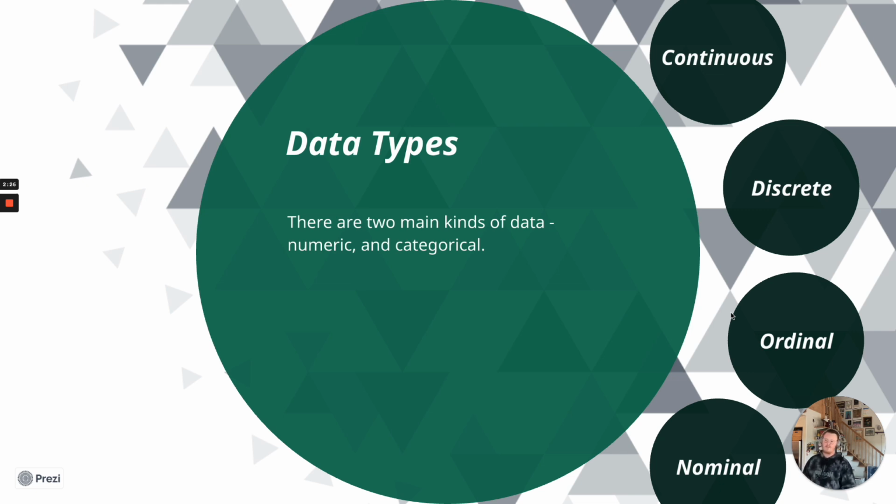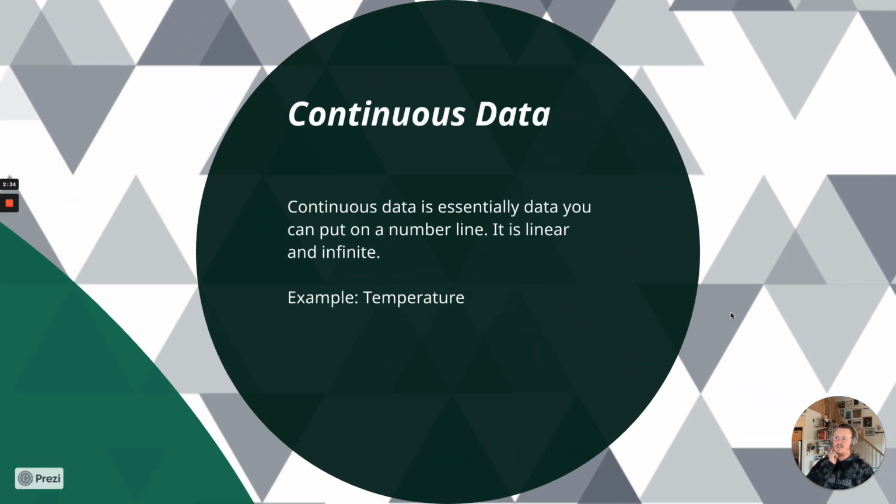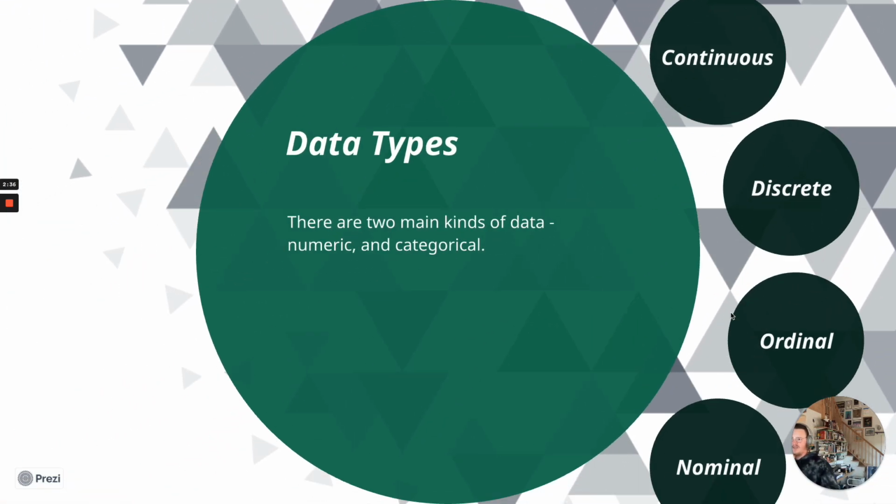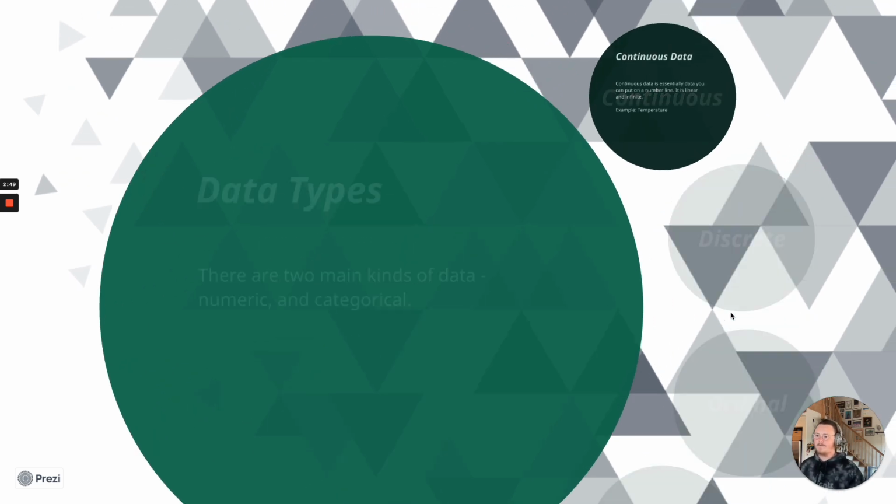It's quantifiable. Alternatively, there's categorical, like different colors of things. We'll get into a little bit more of this. Continuous and discrete, these first two, are our numeric types, and the bottom two, ordinal and nominal, are our categorical. We'll talk about that in a second, but this might be something you want to write down because it will come back into play later.